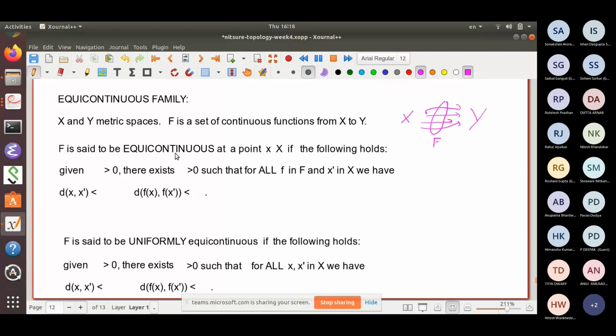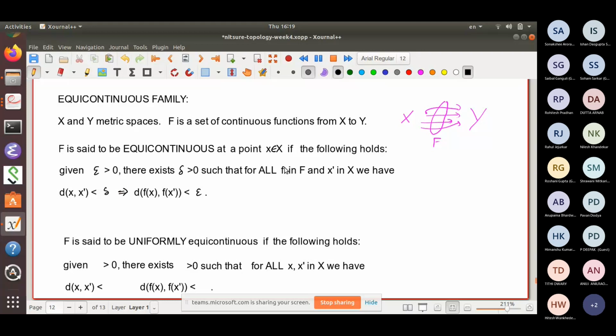Now this equicontinuity is a property of F, and you say F is equicontinuous at a point x in X if, given epsilon greater than 0, there is delta greater than 0, so that for all f in F and x prime in X, this less than delta implies this is less than epsilon. So you see, what is equi about it? This is just continuity.